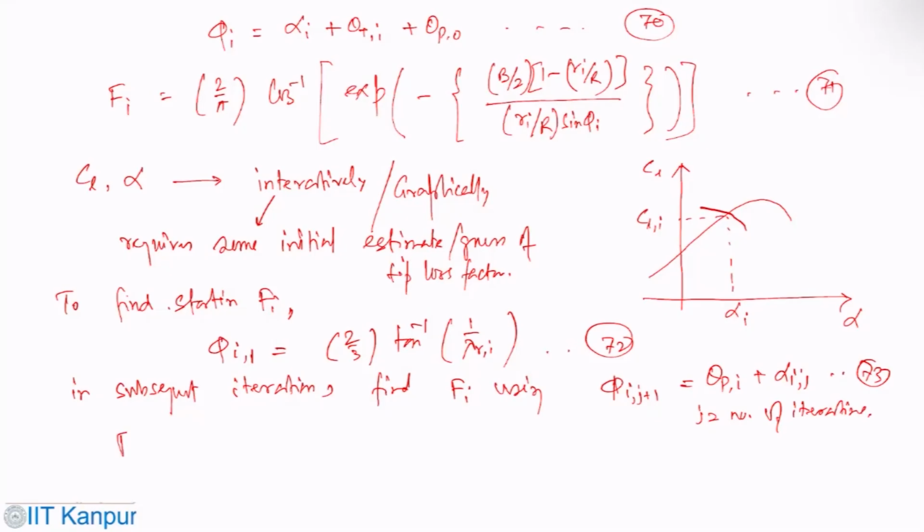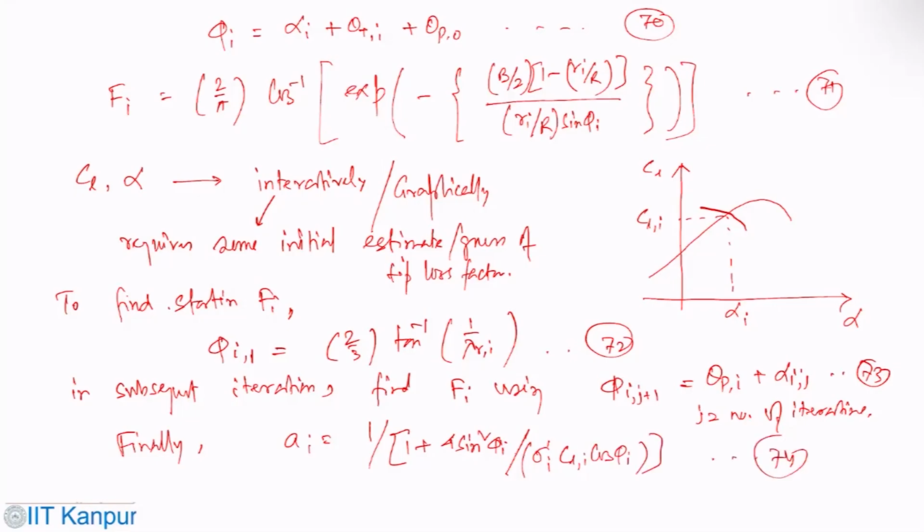And then finally, we calculate the axial induction factor, which is AI equals 1 by 1 plus 4 sine square phi by sigma I CLI. So this is the axial induction factor.